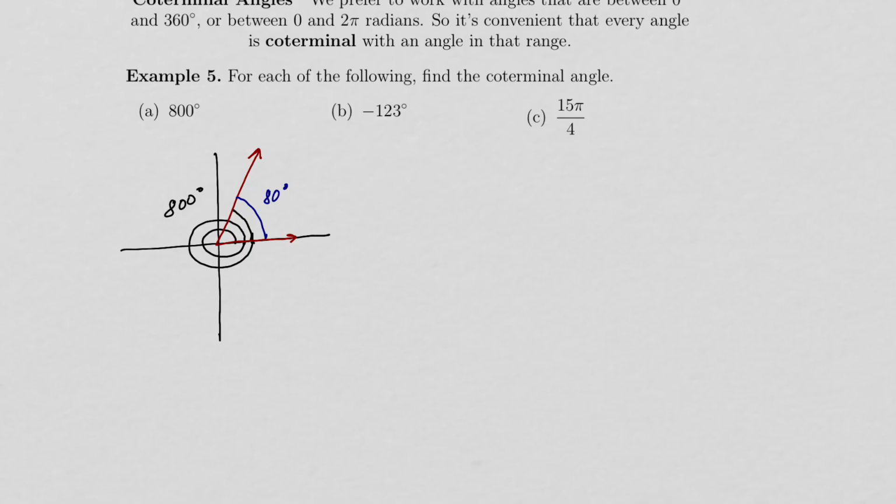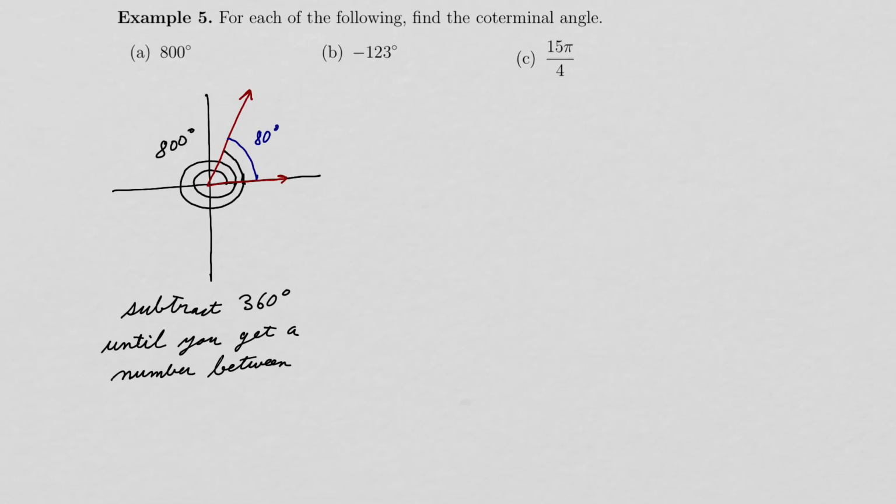So the way you can do this is subtract 360 degrees until you get a number between 0 and 360. Because I want to get in the range between 0 and 360. That's the range we prefer to be in.